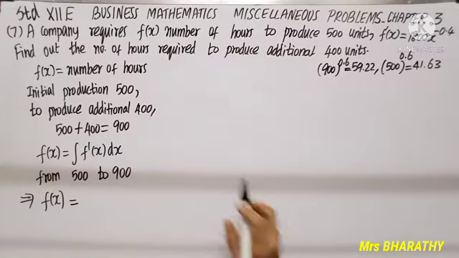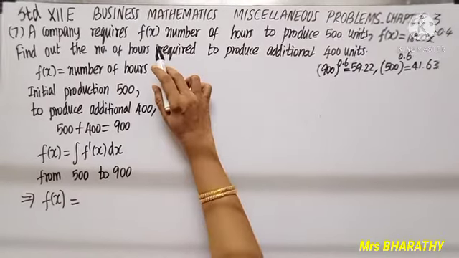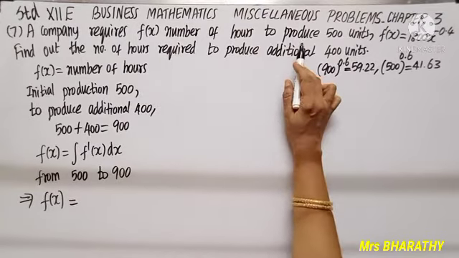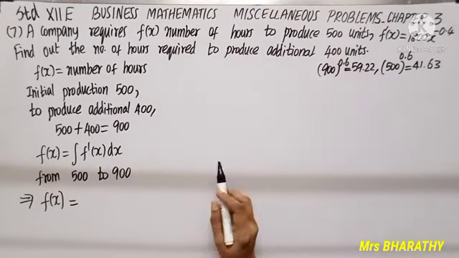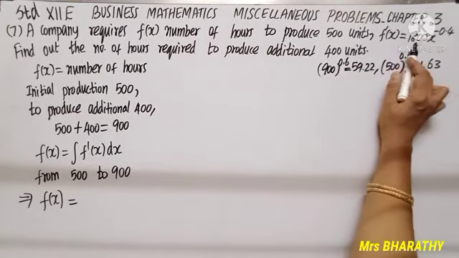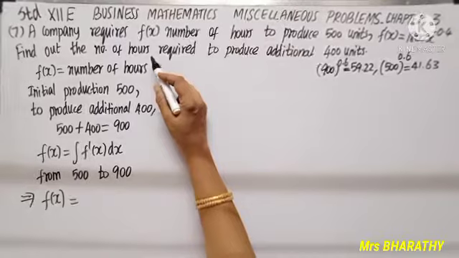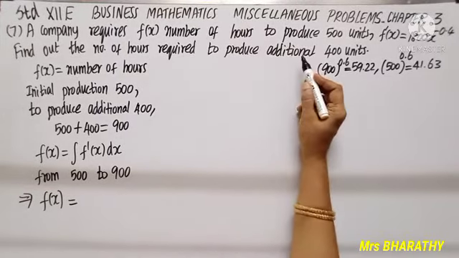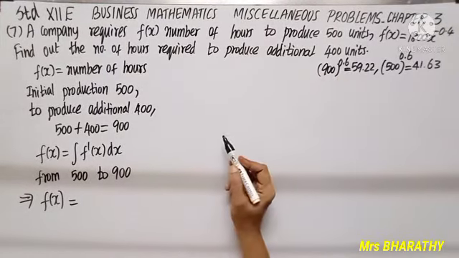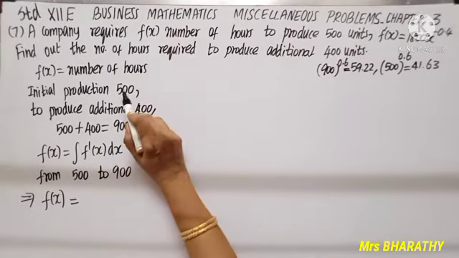Question number 7. A company requests f of x, number of hours to produce 500 units. Given f dash of x is 1800 x power minus 0.4. We need to find the number of hours required to produce additional 400 units. Initially it was 500.